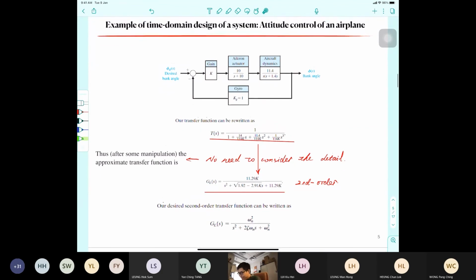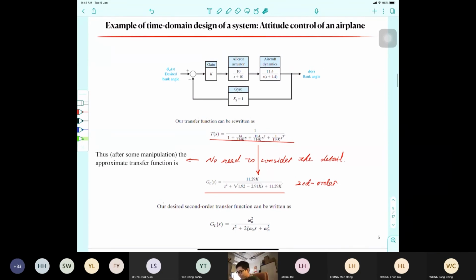Therefore, the prototype of a second order system is given here, right? Omega n squared over s squared plus 2 zeta omega n s plus omega n squared. Second order system.